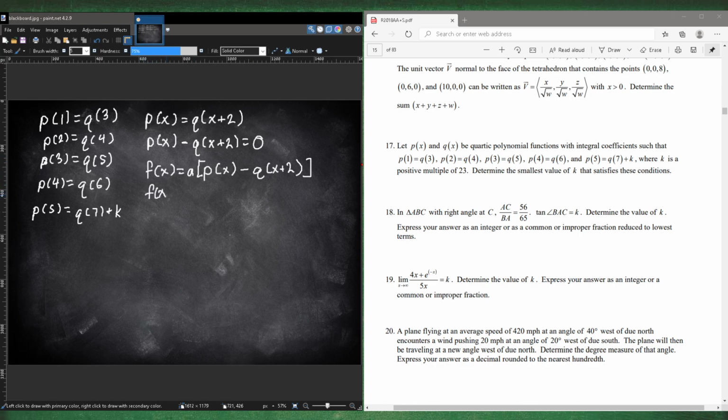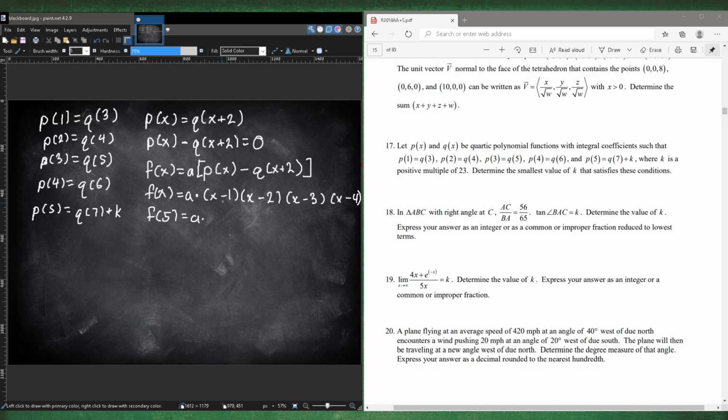So that means f of x is equal to some coefficient a times (x minus 1)(x minus 2)(x minus 3)(x minus 4), because if you plug in 1, 2, 3, 4 here, it equals 0. Now we can plug in f of 5, because we're plugging in x equals 5.